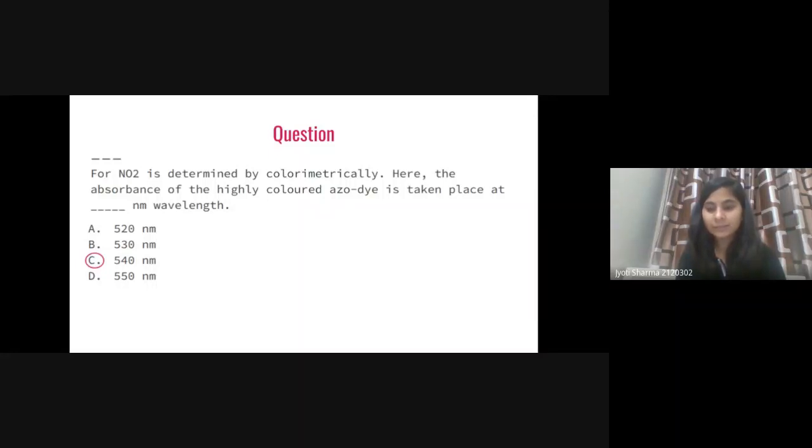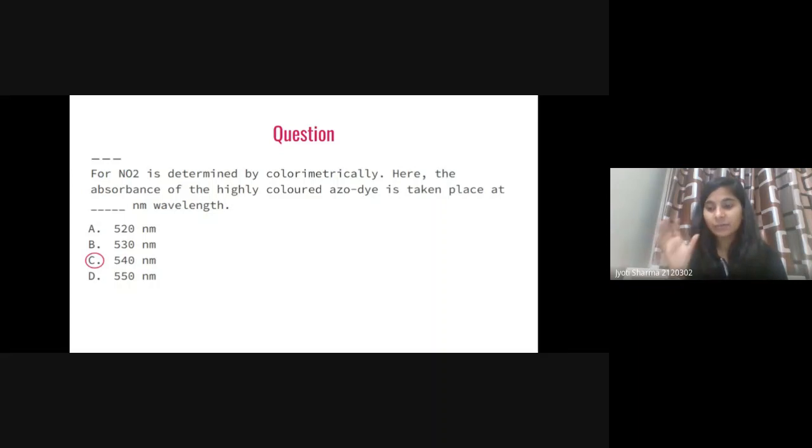Can you tell me which law we follow? My hint is the first word is Beer. Can you write in the chat box what law I'm talking about, where absorbance and intensity are related?